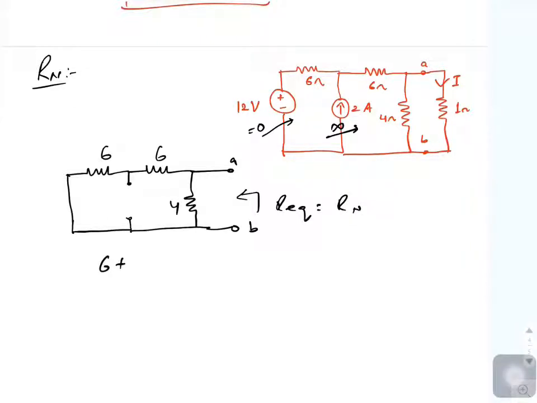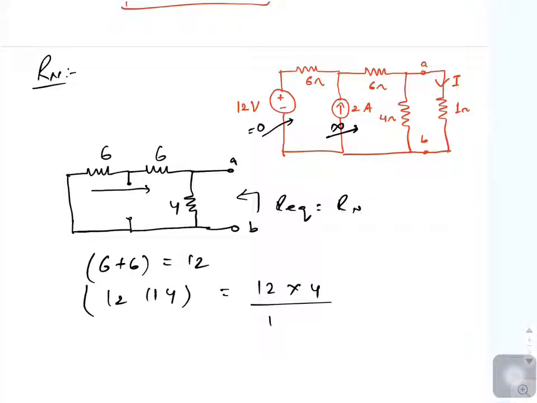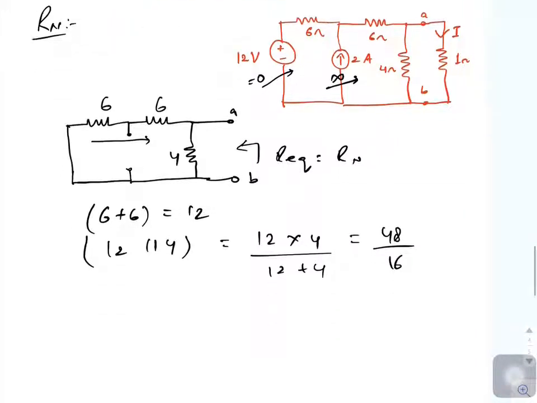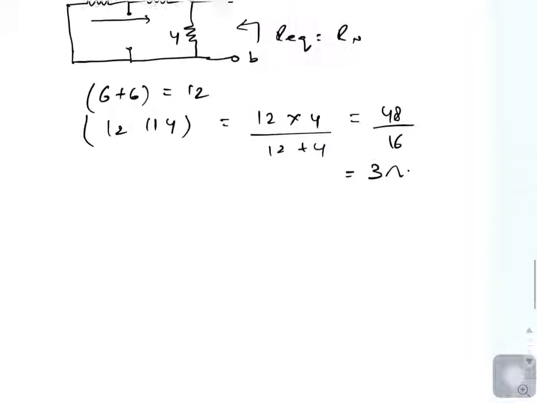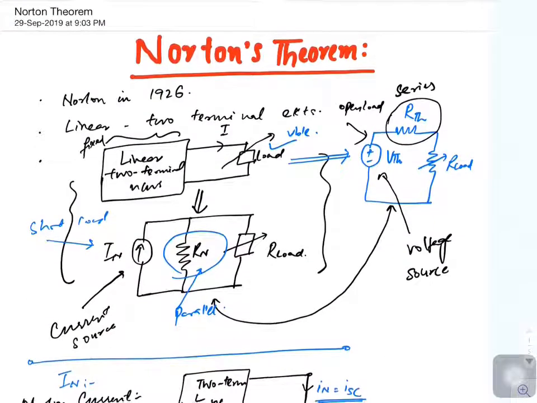So this is 6 plus 6 which are in series, that is 12. Then 12 and 4 they are in parallel, so it is 48 upon 16. So answer is 3 ohm. Now we are ready with the equivalent circuit. This is my equivalent circuit.